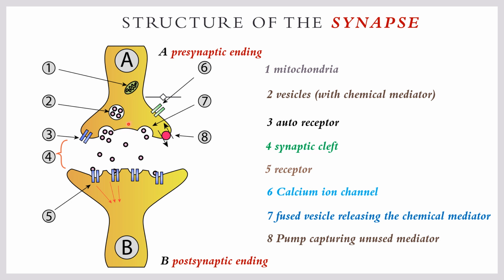It is the part responsible for transmitting signals. The action potential, the brief electrical impulse, travels along the axon and arrives here at the axon terminal. Here we have very important elements of the synapse: vesicles that contain the chemical mediator, the neurotransmitter.